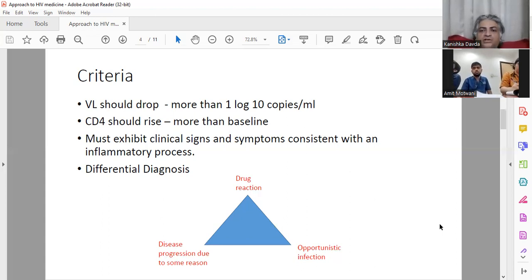To differentiate, you need to see how adherent the patient was, what was the baseline viral load, what is the next viral load, what is the baseline CD4, what is the next CD4, and you may need biopsy and cultures and many other things to be sure that this is not IRIS or this is not another opportunistic infection.